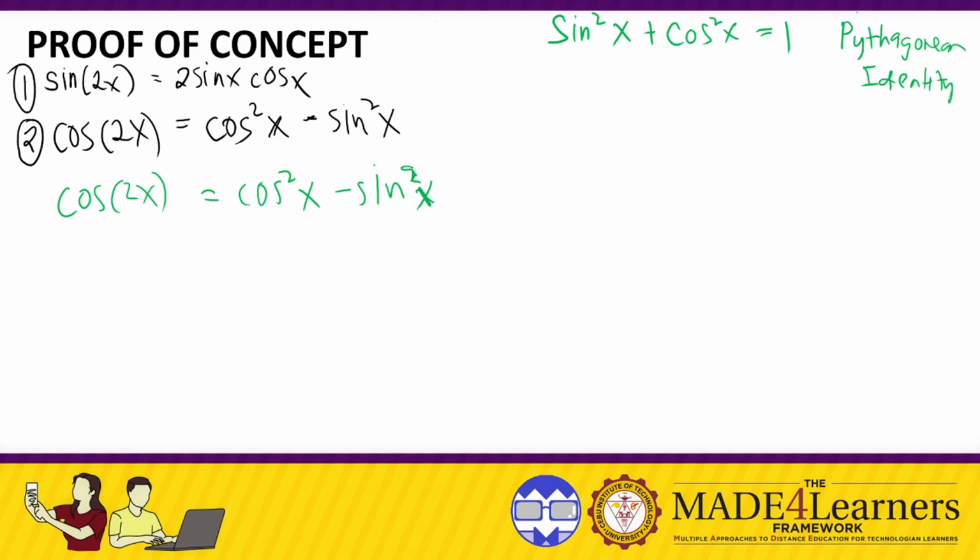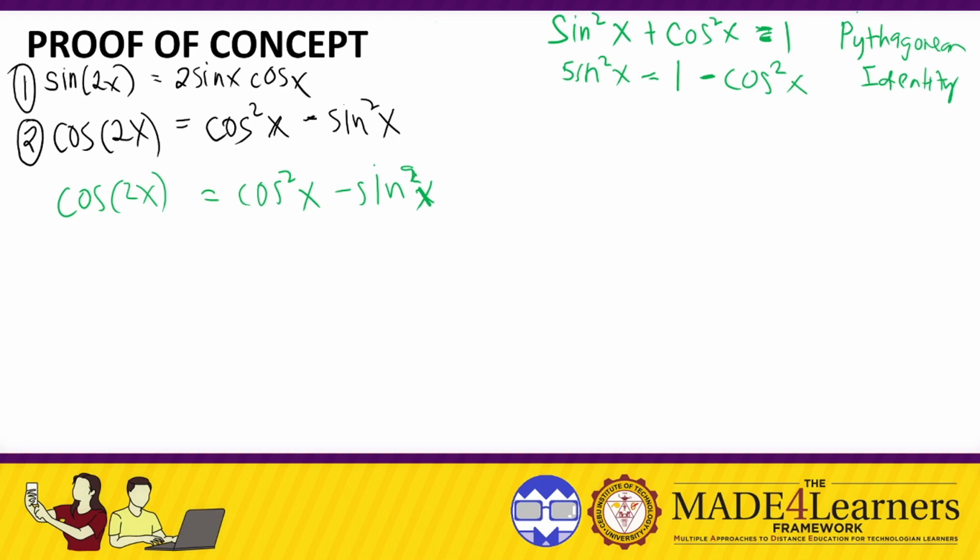Since this is an equation, we can manipulate it. Using properties of equality, we can say that sine squared x equals 1 minus cos squared x.